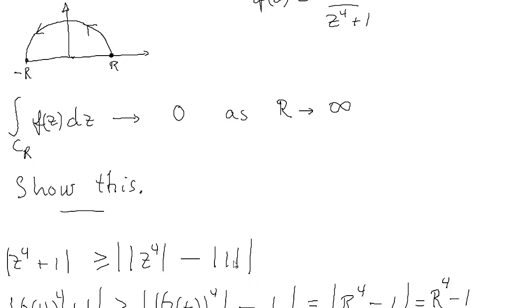The absolute value of the denominator, using the reversed triangle inequality, we have the following.